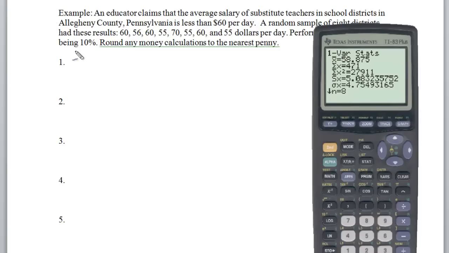So my null hypothesis is that probably the school district is not going to want to be called a cheapskate, so they're going to want to assert that the average is $60 a day. The educator claiming that the school is being cheap is going to say, no, you guys are definitely less than $60 per day. And they're choosing a pretty weak alpha, this being a one-tailed test, the left-tailed test.